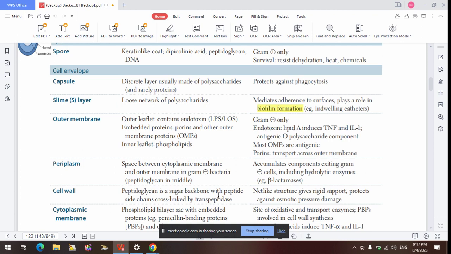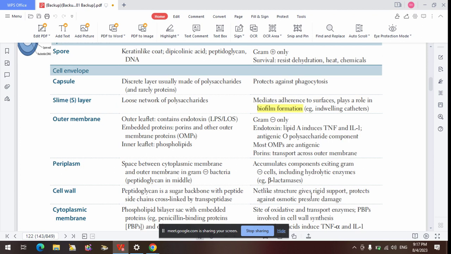So after the cell wall, what's the next layer, which is the innermost layer? The cytoplasmic membrane. 4 things that we find in the cytoplasmic membrane: lipoteichoic acid, the oxidative enzymes, the transport enzymes, and our penicillin binding protein that we've been talking about. Penicillin binding protein is there so that they can synthesize the cell wall.